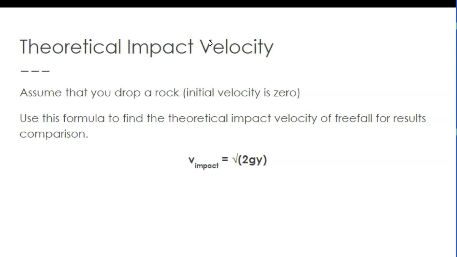So the velocity at impact, or the final velocity, is going to be equal to the square root of 2 times gravity times the y displacement. And if you would like to know more about how we got that, you can ask me to demonstrate that. It's physics, kinematics, motion in one direction. So anyway, that's the formula you need to find the theoretical velocity at impact.